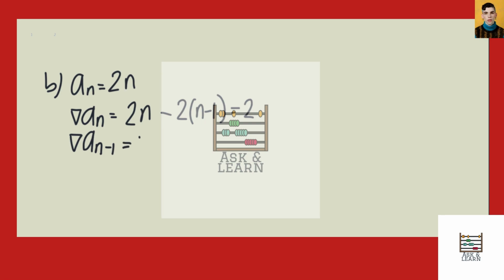So it's going to be equal to 2 times n minus 1, minus 2 times n minus 2, since we're subtracting 1 from the n minus 1 value here. And so this ends up being equal to 2n minus 2 minus 2n plus 4, which ends up just being equal to 2 as well.